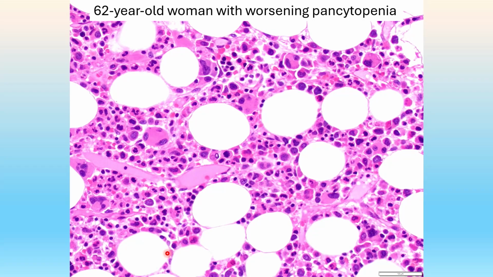This was a 62-year-old lady with worsening pancytopenia. You can see some really dysplastic megakaryocytes. Some are small, some have widely separated nuclear lobes. At the same time, there's some evidence of myeloid maturation, so no obvious increase in blasts. With immunohistochemistry, CD34 is showing maybe a borderline increase in blasts with some abnormal clustering in areas.